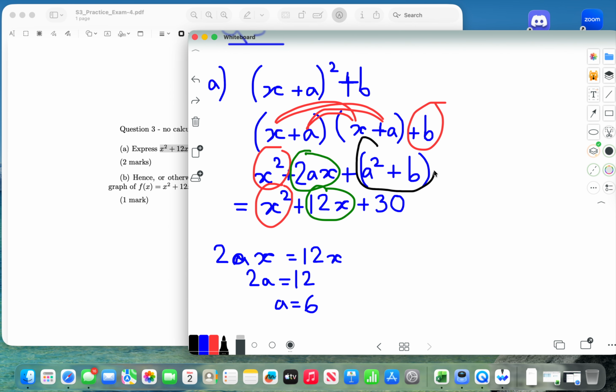A squared plus b is independent of x, meaning that it's just a number. 30 is also the term in the second expression independent of x. These two must be the same. So a squared plus b must be equal to 30.